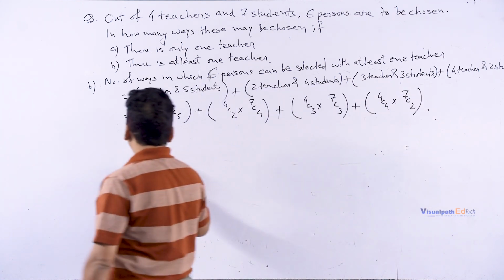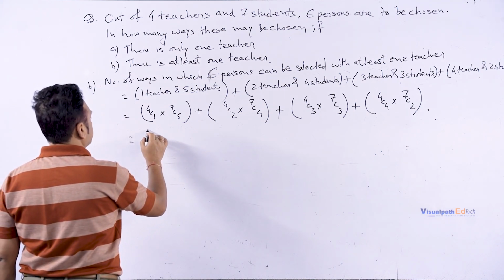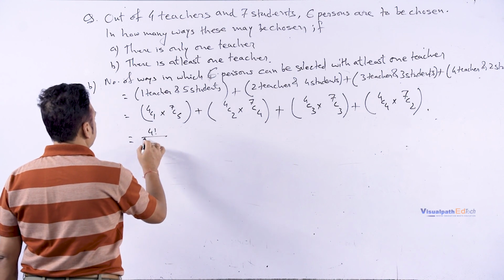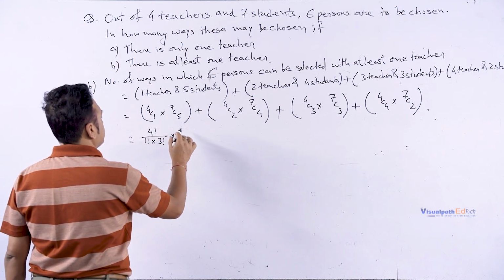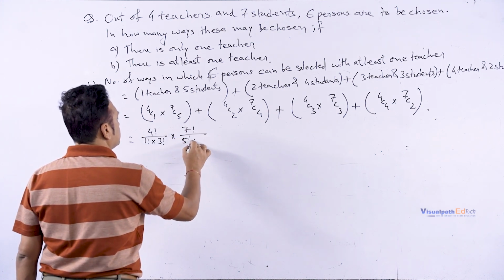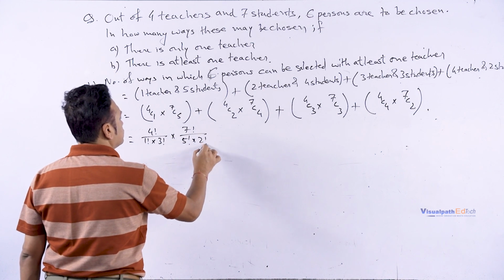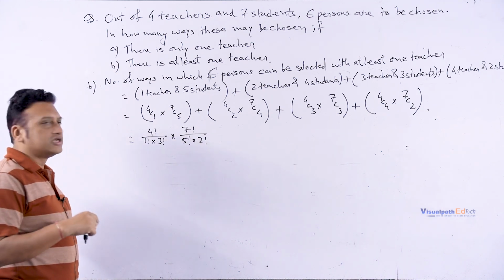This is how we will be able to find out. Now, 4C1 is factorial 4 by factorial 1 into factorial 3. 7C5 is factorial 7 by factorial 5 into factorial 2. I have done the subtraction at this very step only. 7 minus 5 will give me 2.